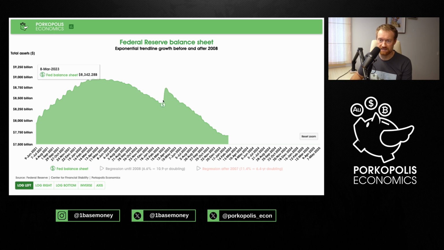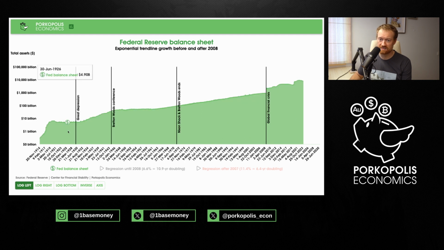And then you see here the Silicon Valley and quote unquote crypto banking crisis that occurred in March of 2023. A lot of extra liquidity was provided to many banks, although they are continuing to shrink the balance sheet over the course of this year, to where now the balance sheet stands at $7.67 trillion.